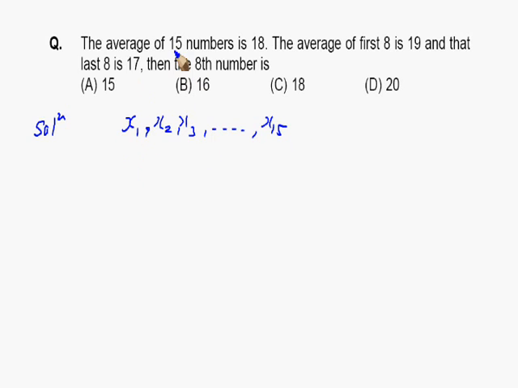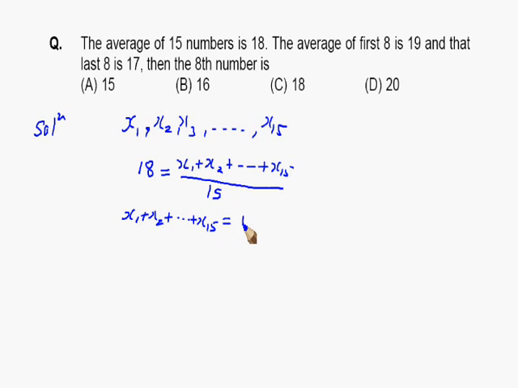So the mean is 18, which equals the sum of observations, x1 plus x2 up to x15, divided by the number of observations, that is 15. So x1 plus x2 up to x15 is equal to 18 into 15, which comes to be 270.